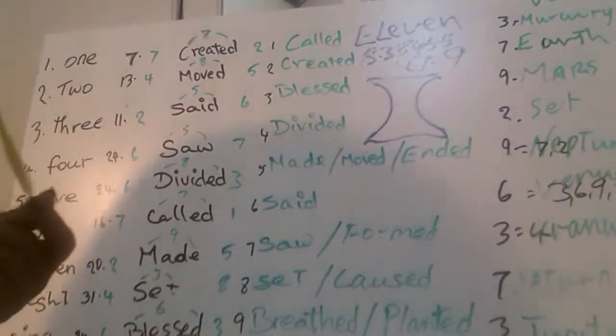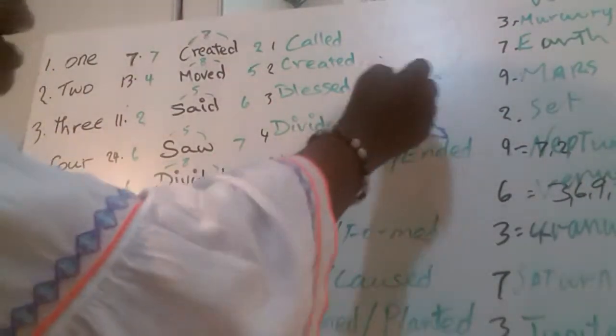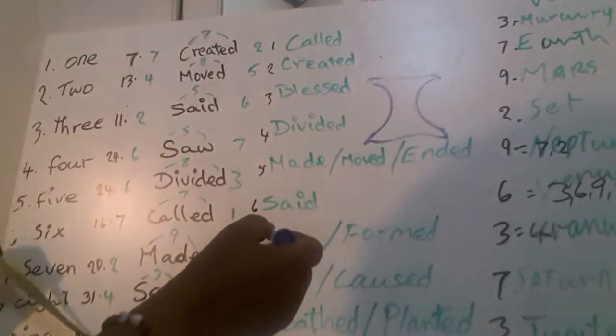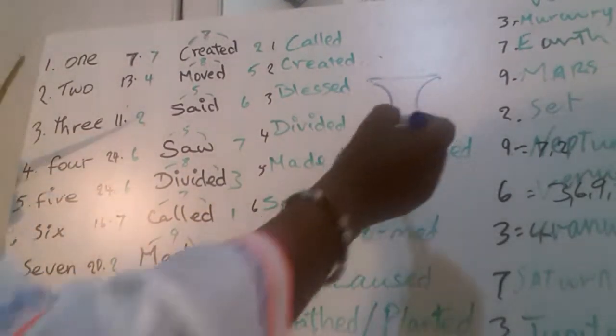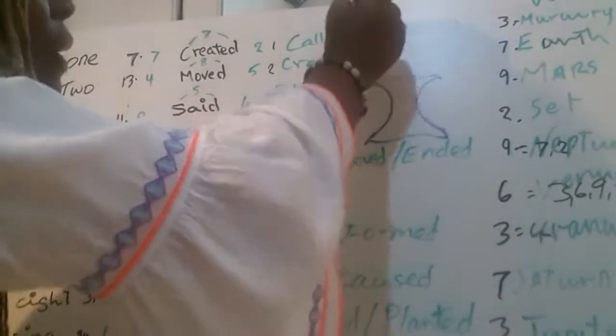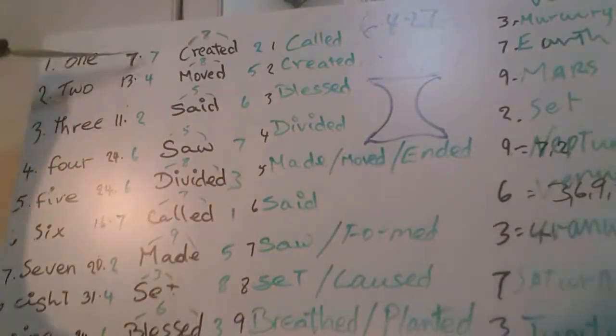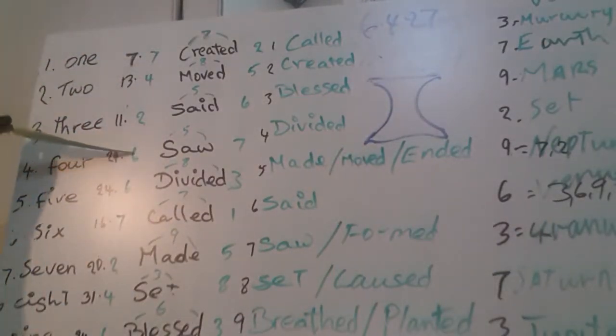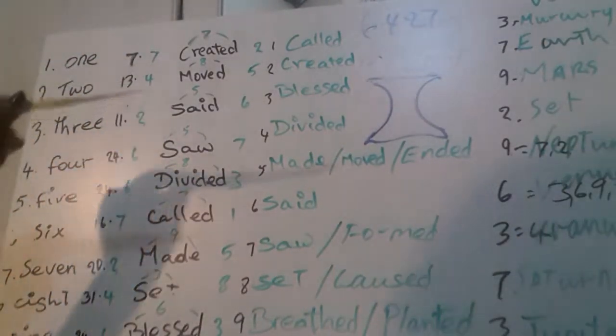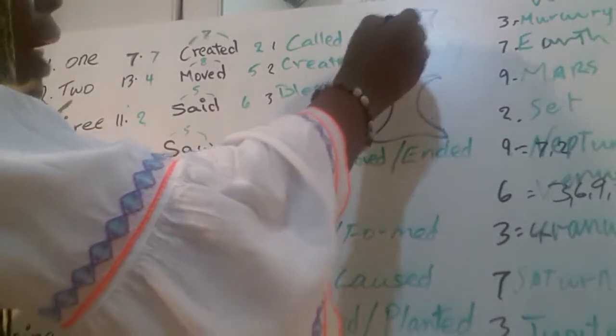Let's see if I can rub this off. So we have 6, 4, 2, 7, and 7, 4, 2, 6. So basically, we have the same numbers going on opposite ends.